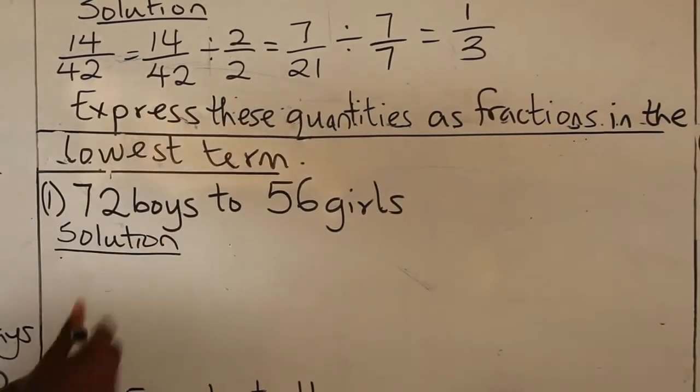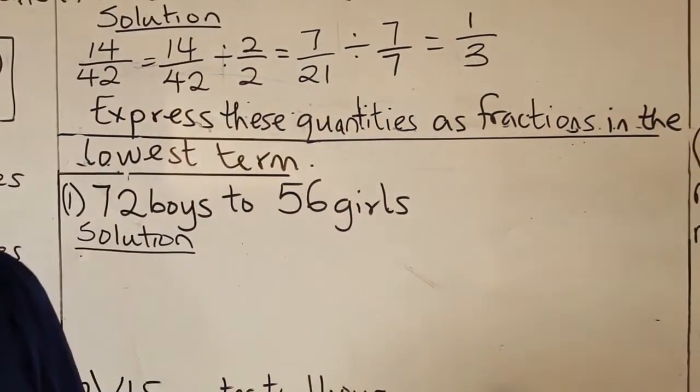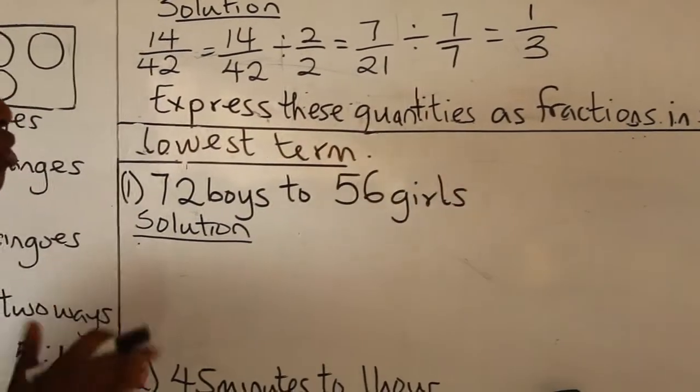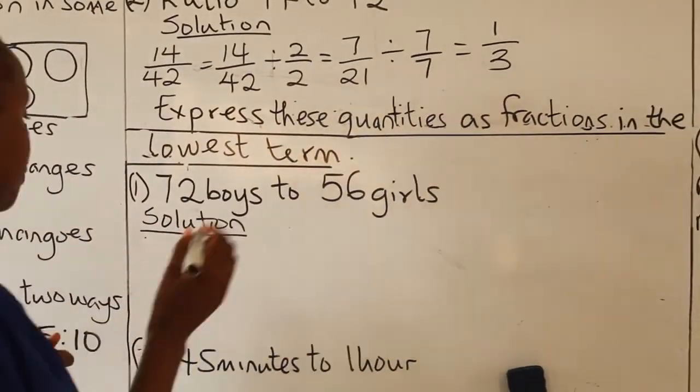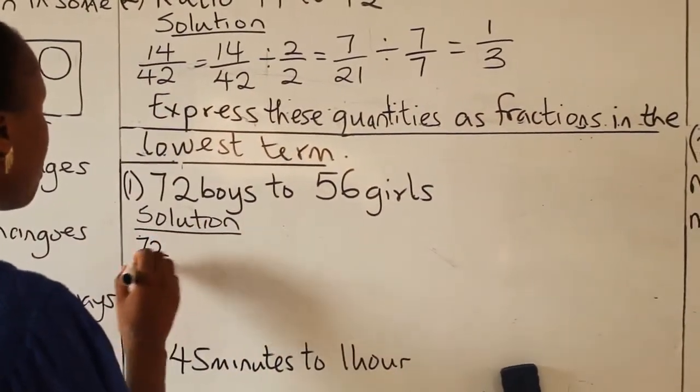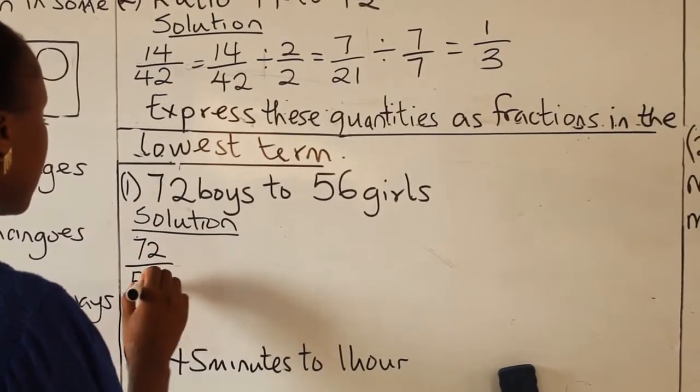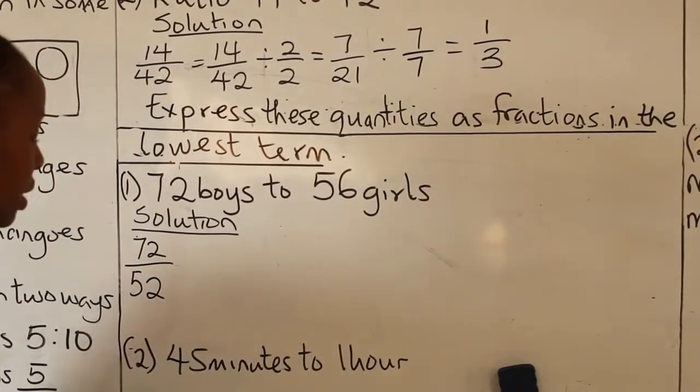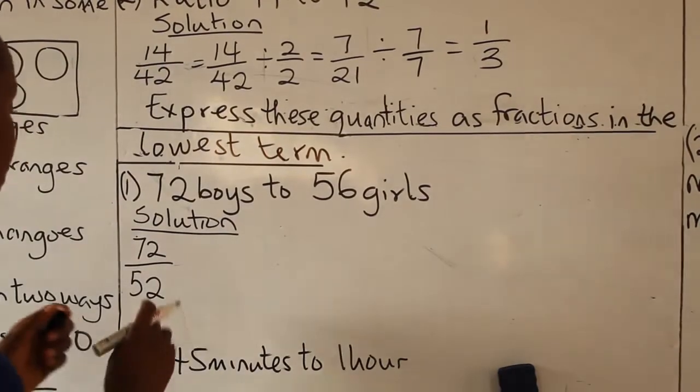We also write our ratio in fraction form before we reduce it to the lowest term. 72 over 56.